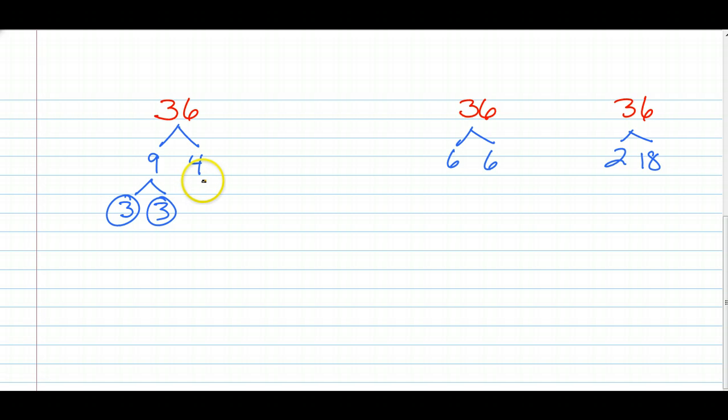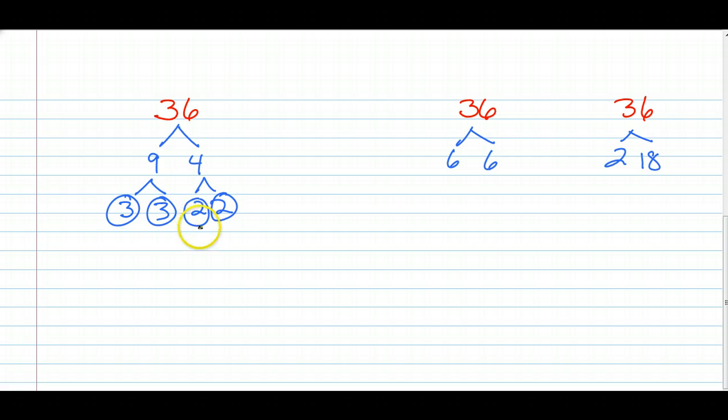Now let's go to 4. 2 times 2. Prime numbers. Circle. There you go. And I'm done. When you have taken that number, 36, to its prime numbers, you stop, and then you're going to order them from the smallest number, which is 2, to the largest.